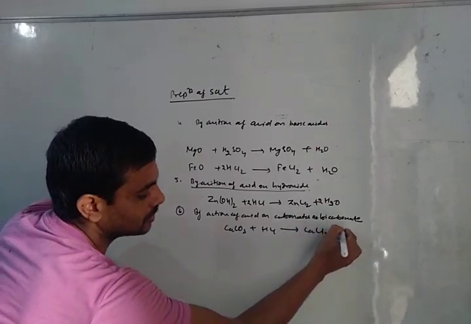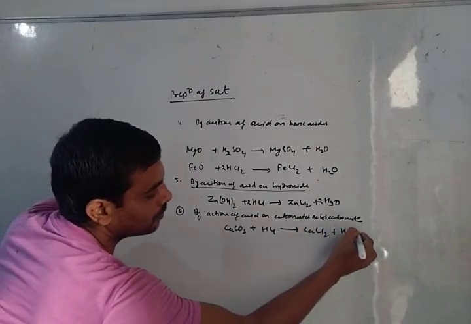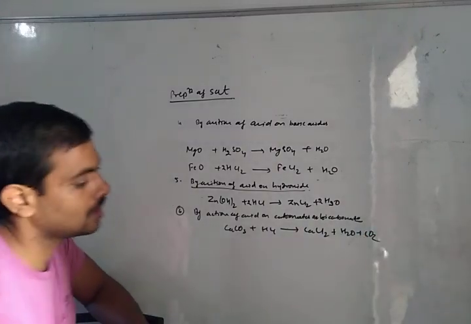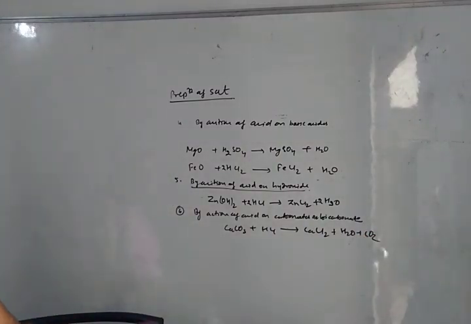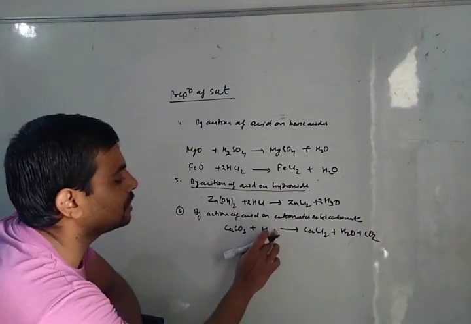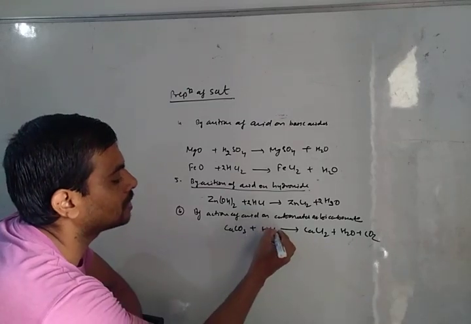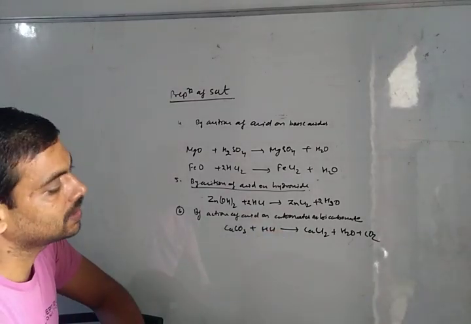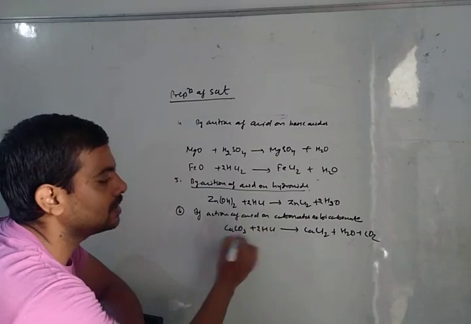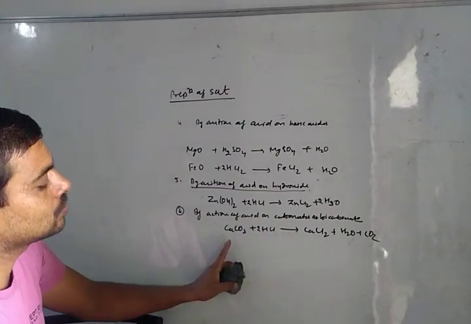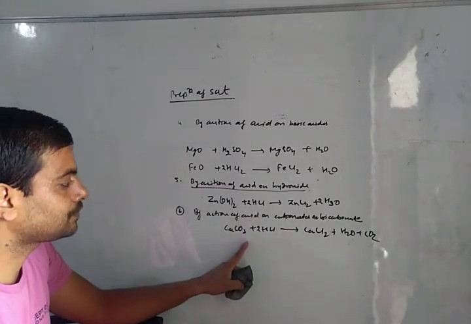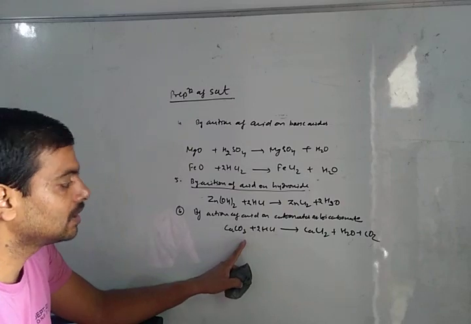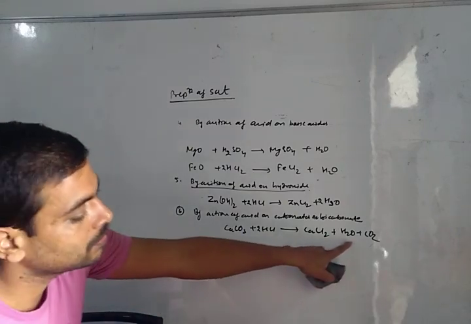It forms CaCl2 plus H2O plus CO2. When acid reacts with carbonate or bicarbonate, it forms salt, water and carbon dioxide gas. We can clearly see this in the example. Here calcium carbonate is treated with HCl.